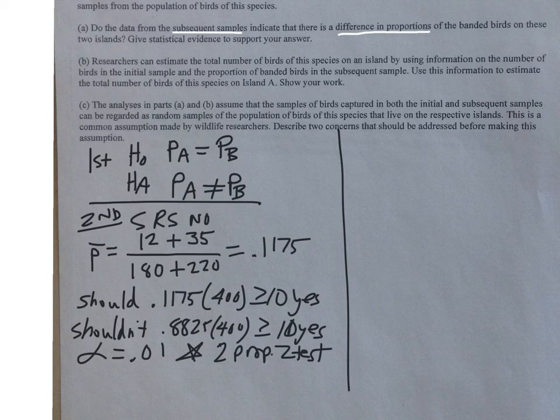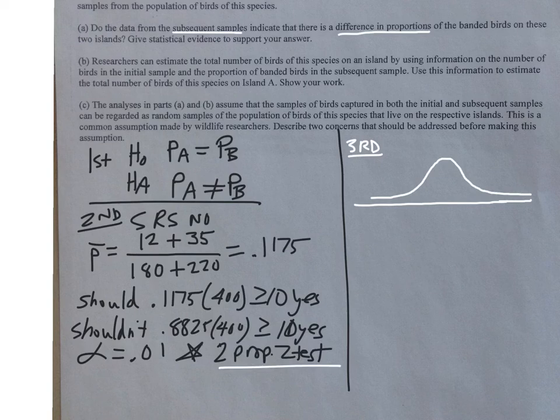And since we named the test in step number 2, in step number 3 we can do that entire step using the graphing calculator menus. So finding the 2-proportion z-test, you find out that the z-score is about negative 2.9.